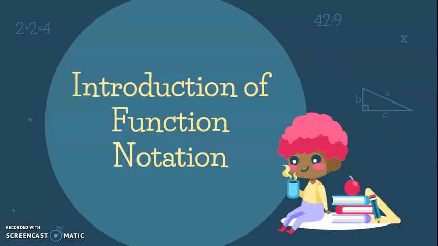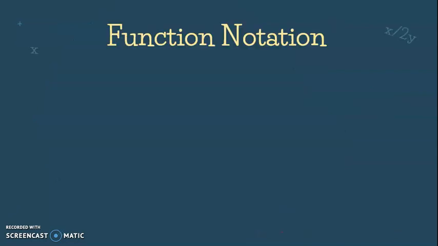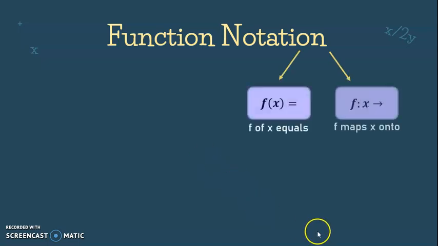Okay, so let me introduce you with a function notation. So what is function notation? So function notation is actually similar with function. Okay, however, for function notations, we use specific symbols. In this case, we use f of x equals to something, and then f maps x onto something. Okay, so for function notation, we always see these two symbols, alright?